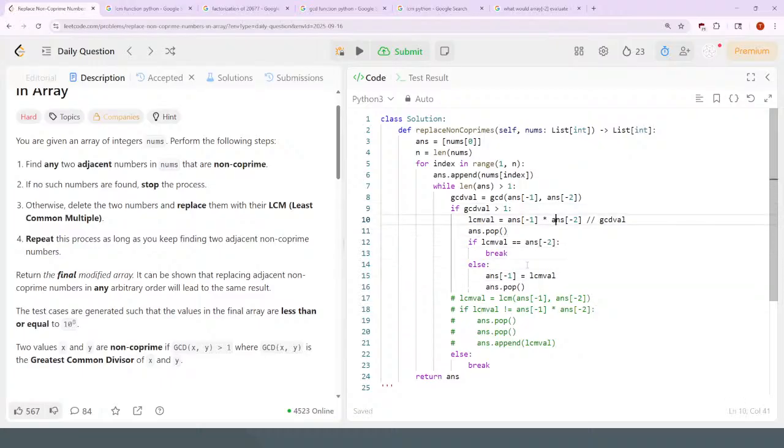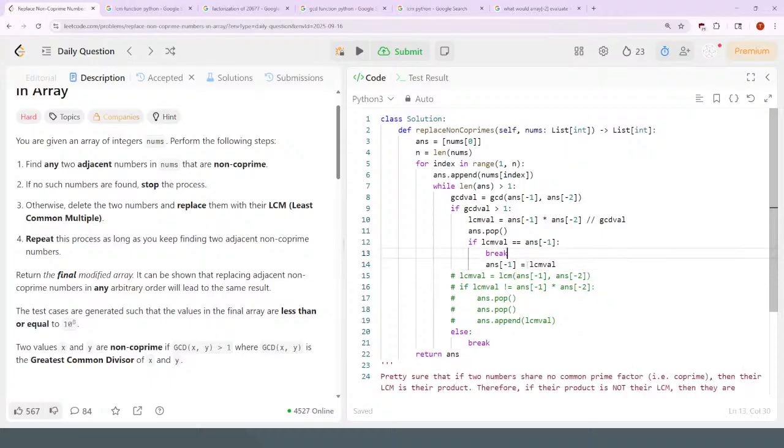I guess I could do this earlier than that, right? I do answer.pop. Oh boy. LCM value. Break.